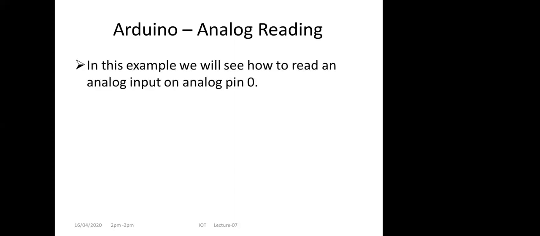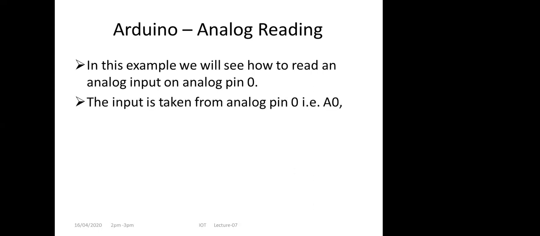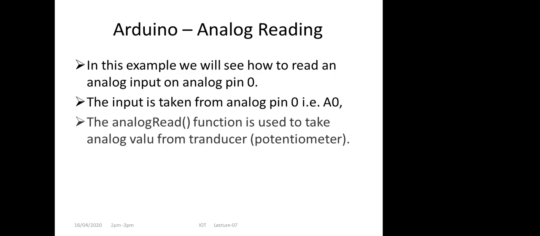In this example, we'll see how to read the input signal from analog pin 0, and the input will be taken from A0 through the analogRead function.